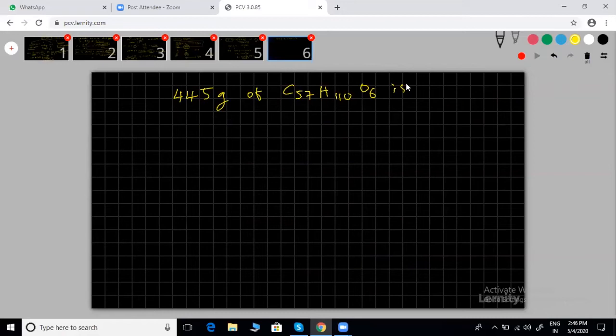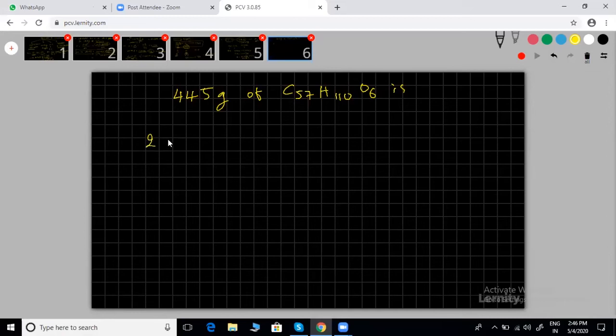Question is, for the following reaction, the mass of water produced from 445 grams of C57H110O6 is? I'm giving the equation, just a balanced combustion equation.